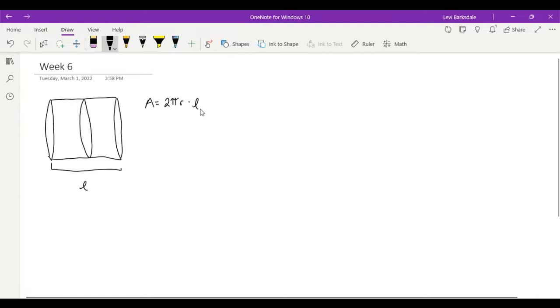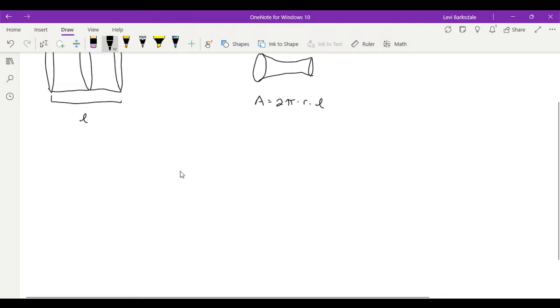Now, this doesn't change even when we have somewhat weirder shapes. So if we had a shape that looked kind of like this, where our radius is changing, we can still find the area by performing 2 pi times the radius times the length. In this case, though, all that's changing is the radius. We don't have a fixed radius anymore.